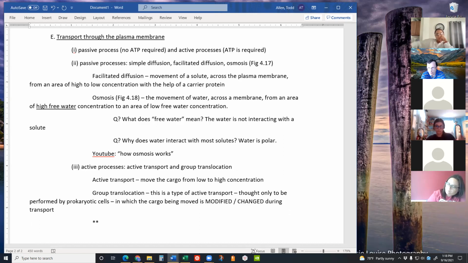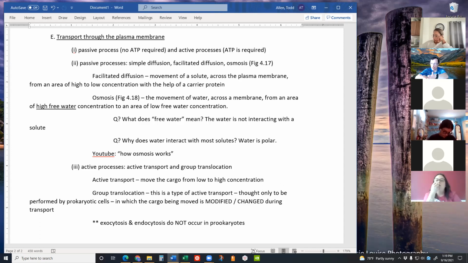Prokaryotes do not perform exocytosis or endocytosis. Probably one of the challenges is many of you have pretty good biology background knowledge to draw upon, but now you need to begin to compartmentalize what is true for a eukaryote versus a prokaryote.